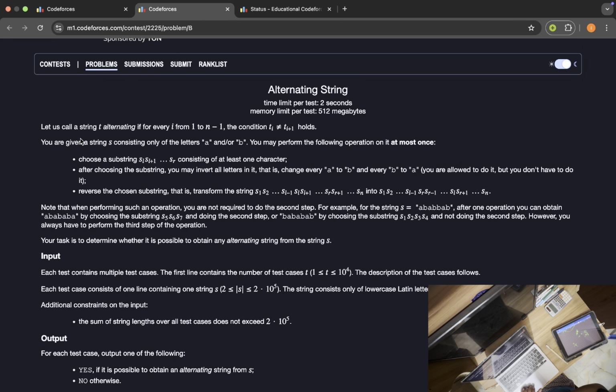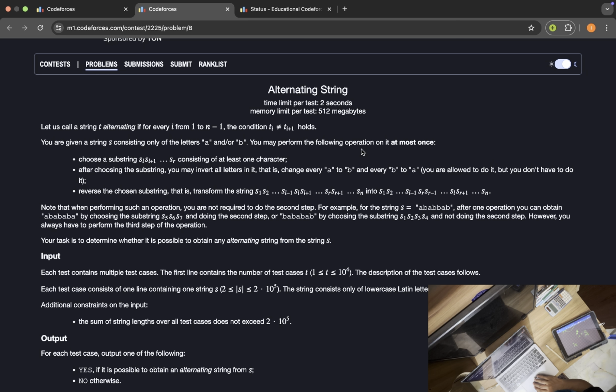Let's call a string alternating if for every i from 1 to n minus 1, the condition t_i not equal to t_(i+1) holds. You are given a string s containing only the letters a and b.